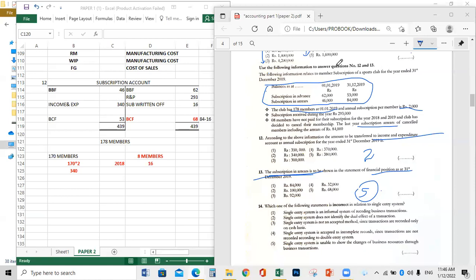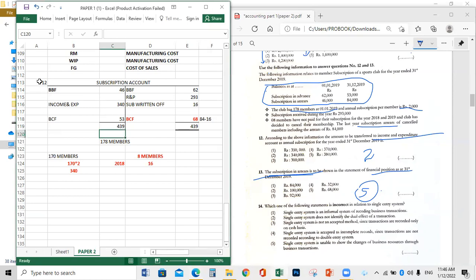Can you all try the next one and send me the answer if you're done with this question, question 12 and 13? Yes, Shifna and Amana, correct.